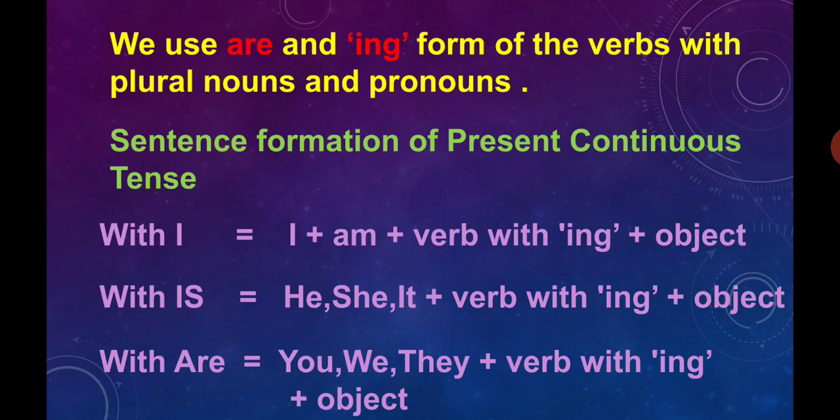For example, they are joining with Tim. So after they, we use are, then the ing form of the verb. So this is the sentence formation of present continuous tense.